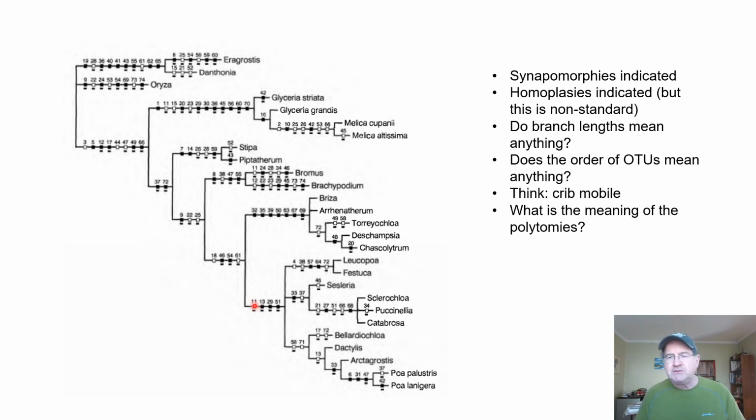Sometimes people don't use circles, but just crosshatches to represent the same thing. These authors have done something a little bit more elaborate, and that is that they're illustrating with an open circle a character that represents a reversal. So this is character 11 here, a loss, and I'll bet if we go back through here, here's an 11 loss over here. So 11 may have been a character that was very basal here.